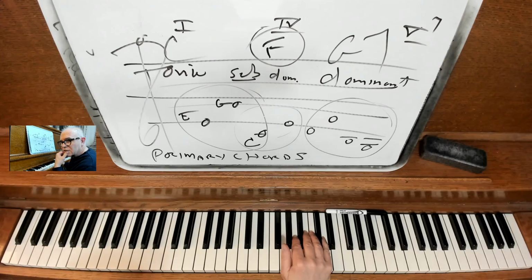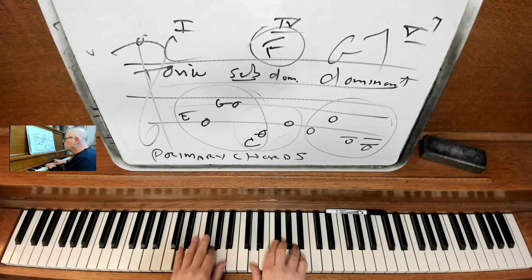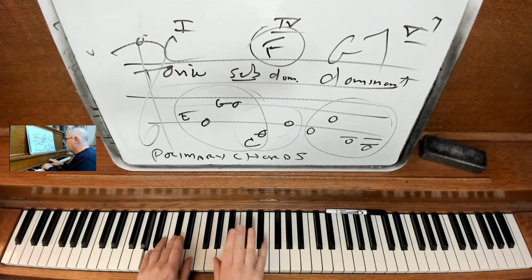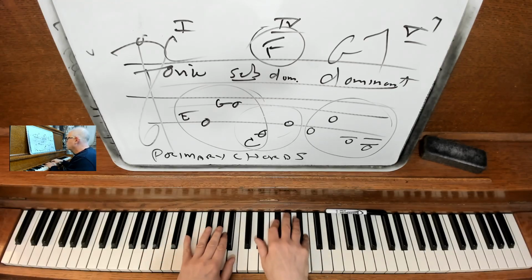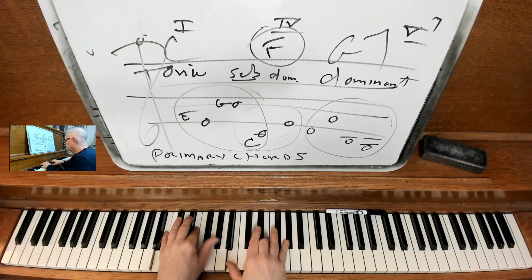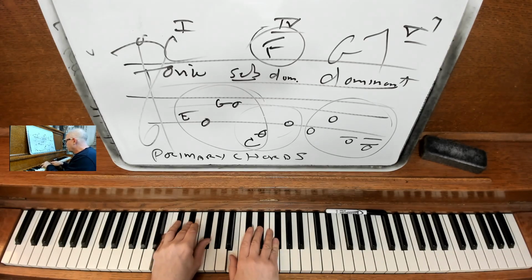That was one of the things I had to do as a kid all the time. That's G. 1, 4, 1, 5, 1. That's D, A, E, B, F sharp.